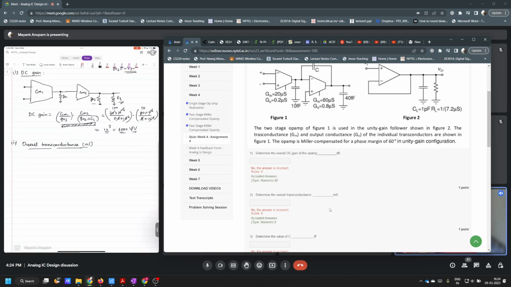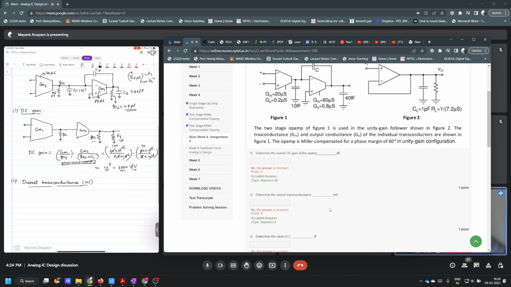Basically, overall transconductance means, if you look at this picture here, the transconductance of GM2, the first stage is a gain block, right? The first stage is simply amplifying the second stage transconductance by some factor, GM1 by GO1.